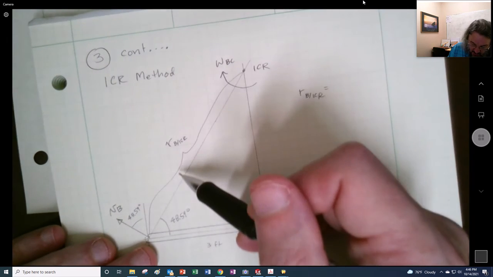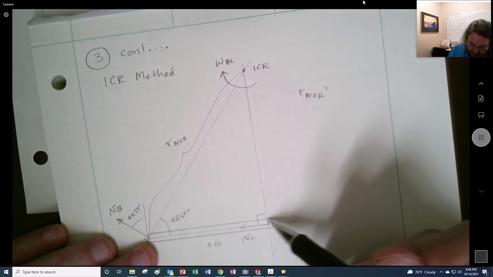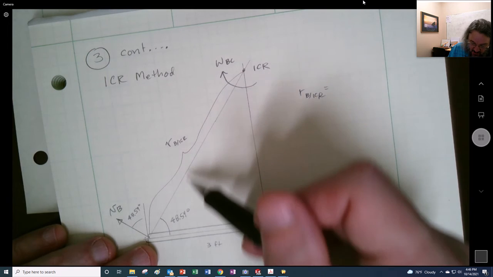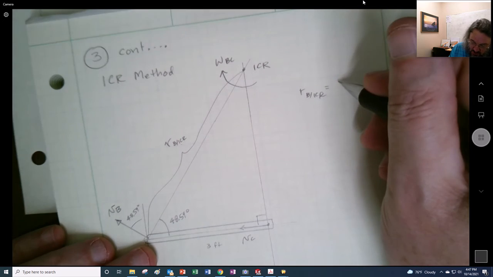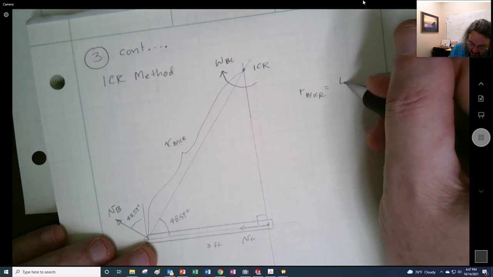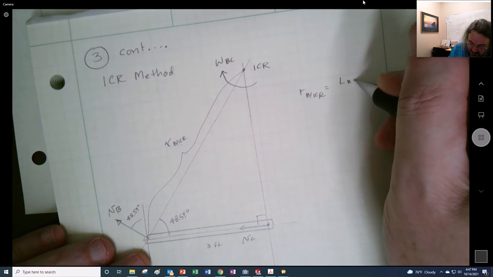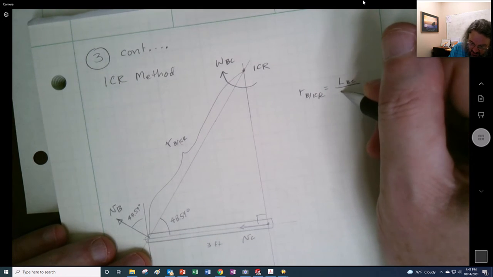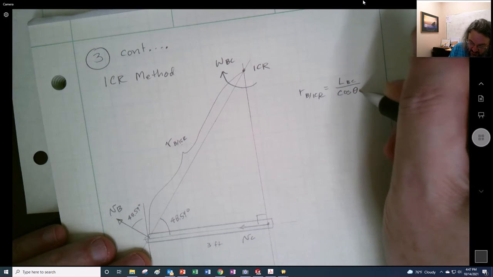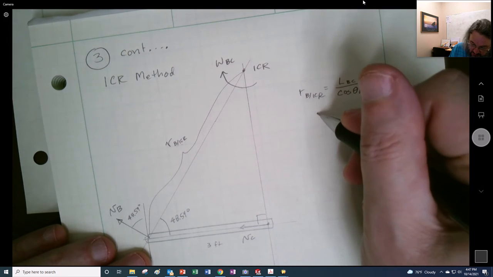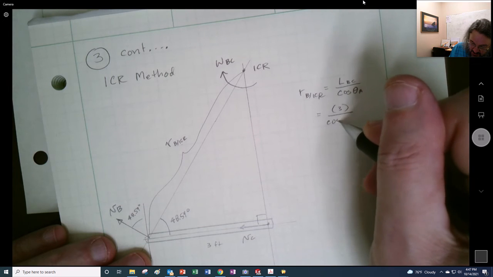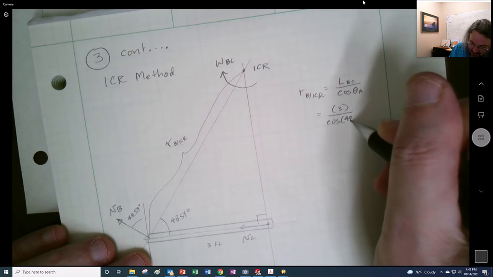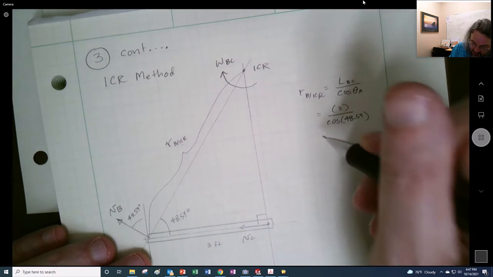If we were going to get this length right here, it'd be the cosine of theta times the hypotenuse, but we want the hypotenuse. So we're going to take BC and divide it by the cosine of theta, right there. So we're going to take 3 feet and divide it by the cosine of 48.59.